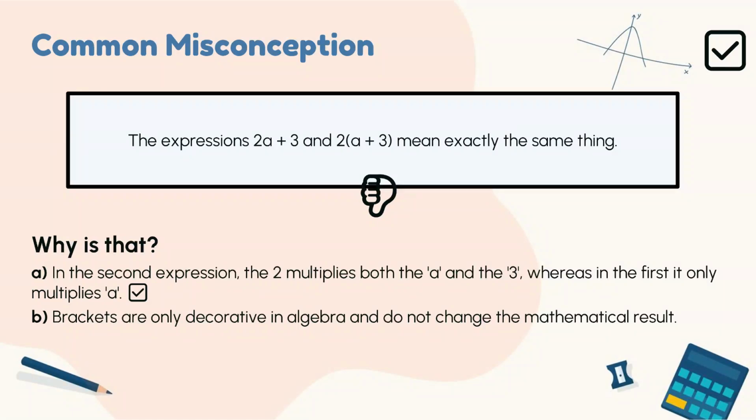The correct explanation is, in the second expression, the 2 multiplies both the a and the 3, whereas in the first expression, it only multiplies a. Brackets are not decorative. They change the mathematical meaning. This is why it is so important to read brackets carefully in algebra.